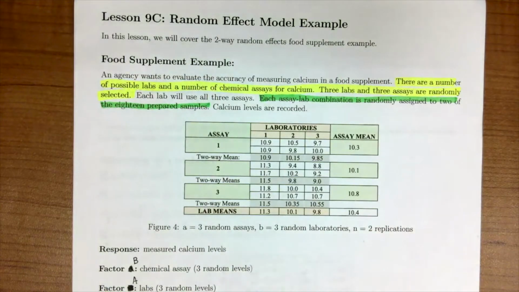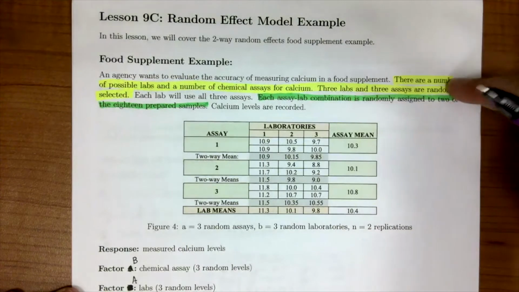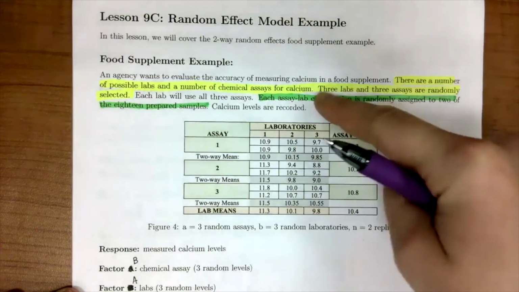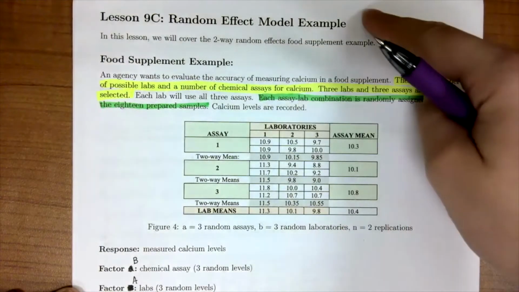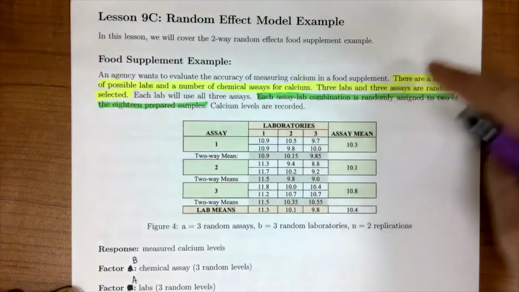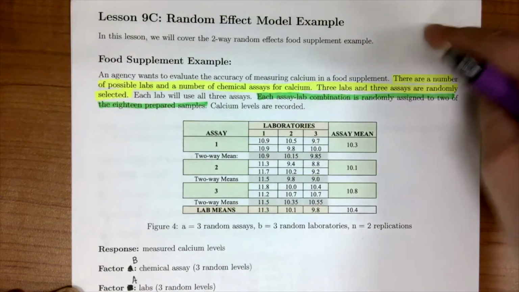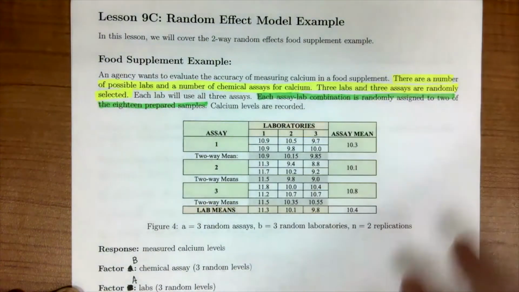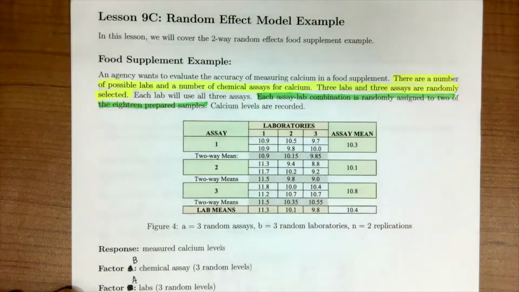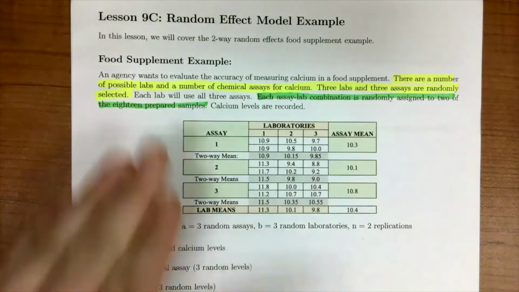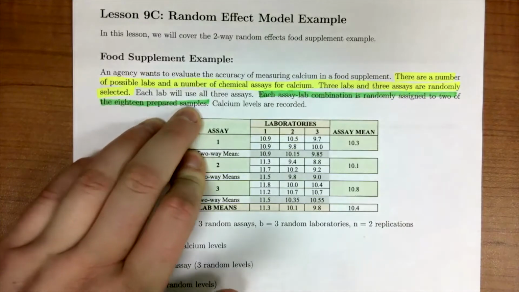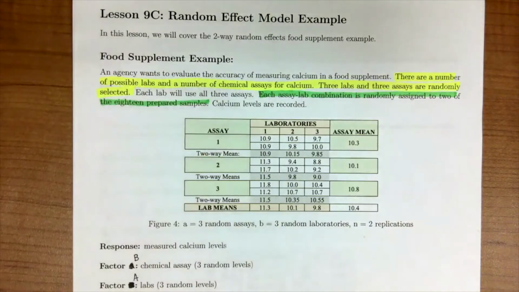I don't want you to confuse it with the fact that up here, we're randomly selecting 3 labs from their entire population and 3 assays from their entire population. Once we get those 3 labs and those 3 assays, we then still have to randomly apply them to these samples for good design of experiment protocol.